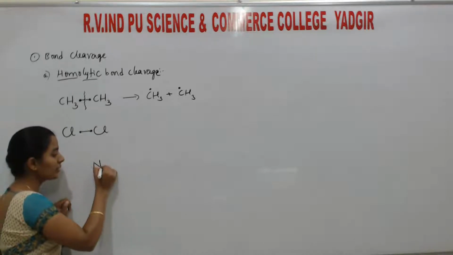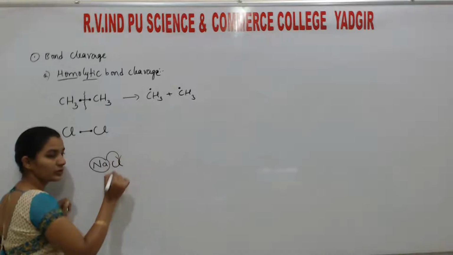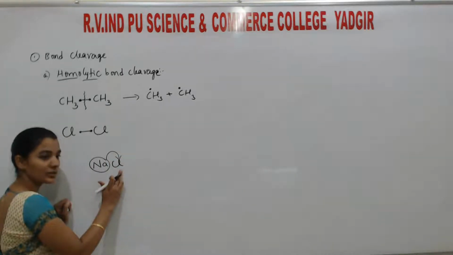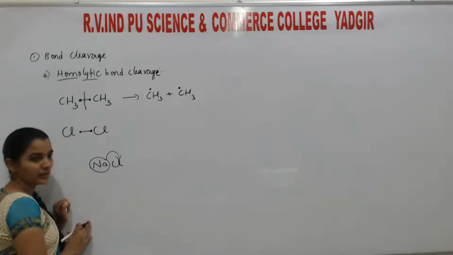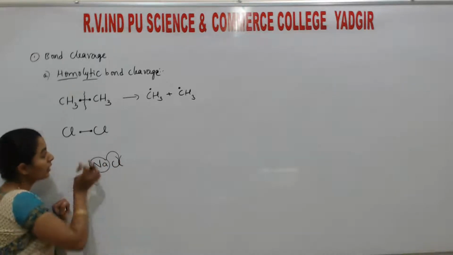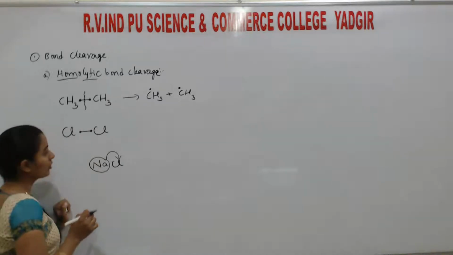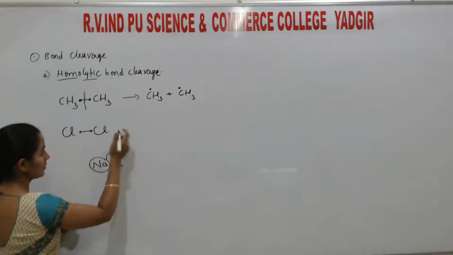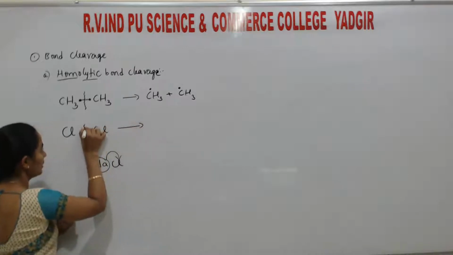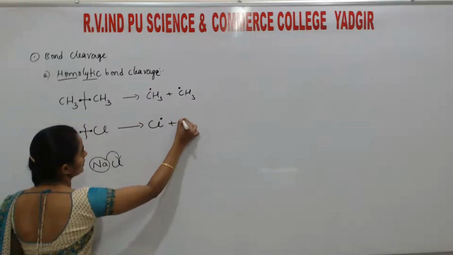But in NaCl, what happened? The electron of Na is completely transferred to Cl. That's why it is Na plus and Cl minus. Understand? Here transfer of electrons takes place, so it is an ionic bond. Here only sharing takes place, that's why it is a covalent bond. So Cl dot, and if we do the bond cleavage, we will get Cl dot and Cl dot.